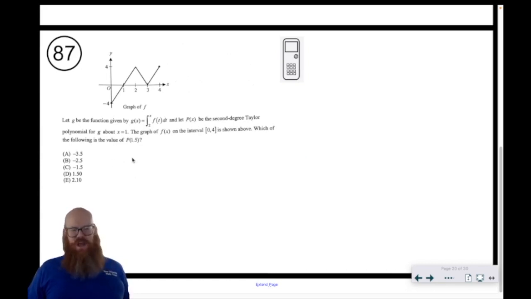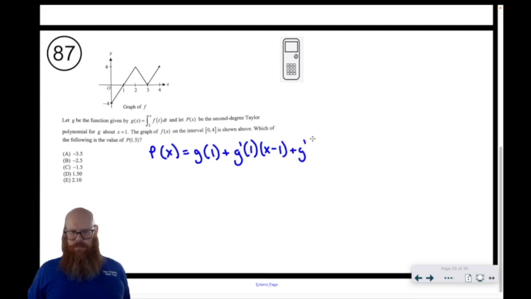All right, so in general, if we want to find a second degree polynomial for G, that's going to be G of 1 plus G prime of 1 times x minus 1 plus G double prime of 1 times x minus 1 squared over 2 factorial, so over 2.